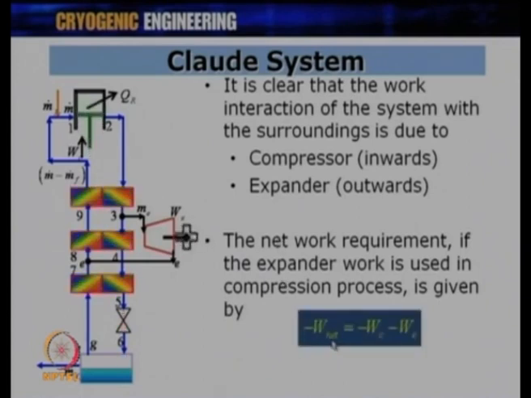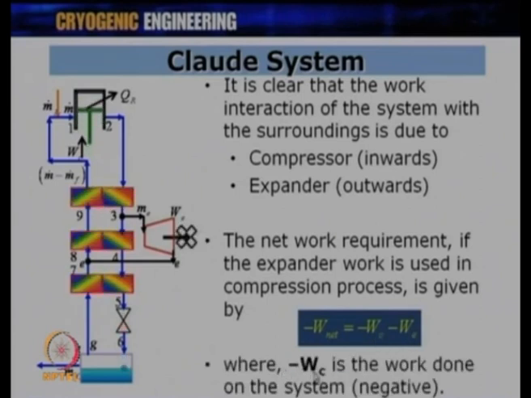So, minus W net is equal to minus WC minus WE. The negative minus WC is the work done on the system. So, work done on the system is negative and work done by the system is positive. So, it is a net difference between work done on the system minus work done by the system.